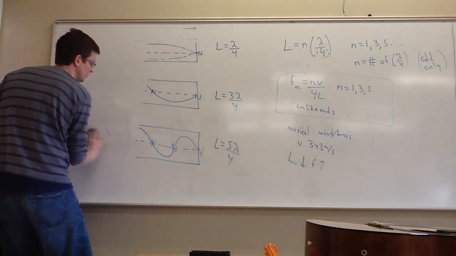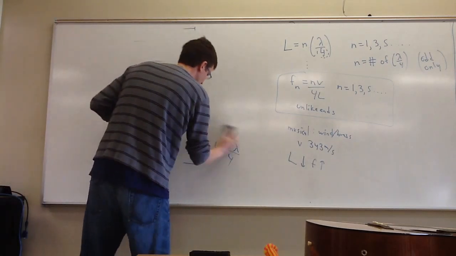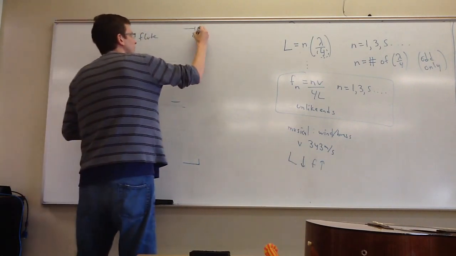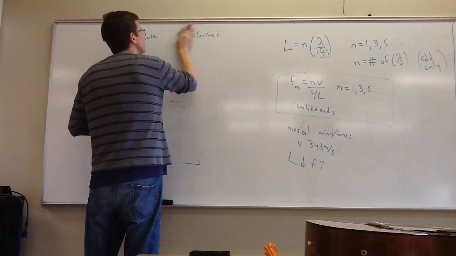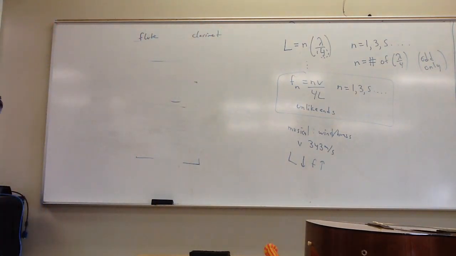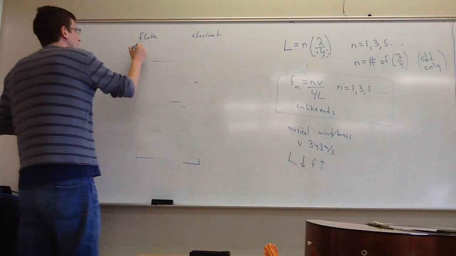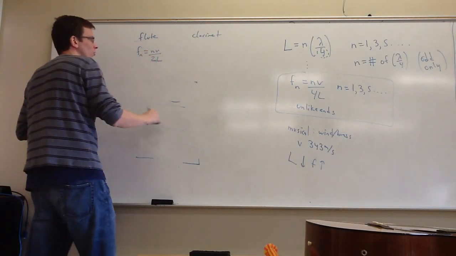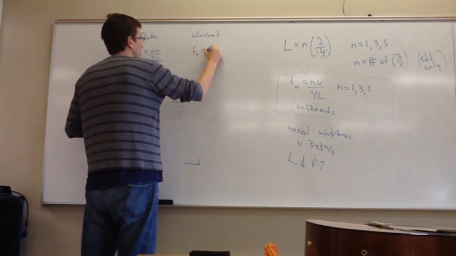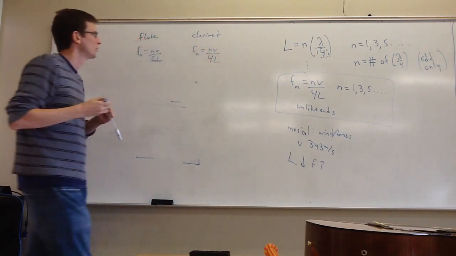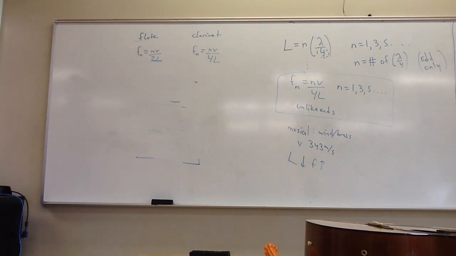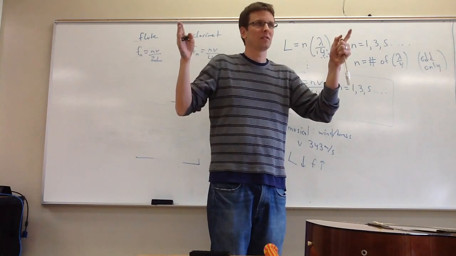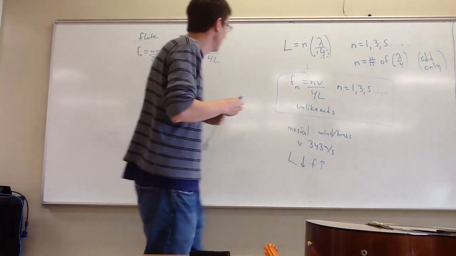Now, let's compare 2 instruments. Flute, clarinet. Now it turns out that a flute can be thought of as having open ends. I'm not going to get into why that is, but it's just how it's constructed. A clarinet has unlike ends. So let me make a comparison. A flute and a clarinet are about the same size, right? They're not hugely different. So L is about the same.